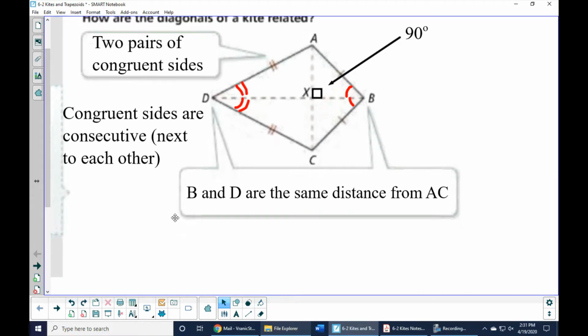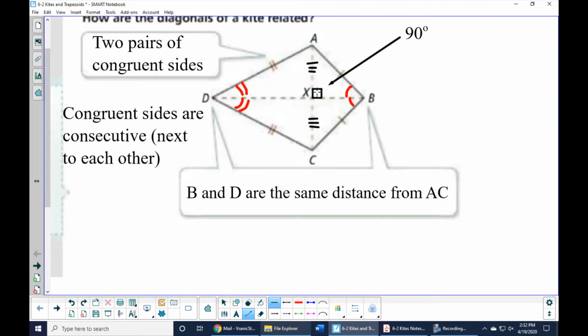Well, here's another key point to this whole thing. If we have two diagonals in a kite, they are bisecting each other, which means they cut each other in half.